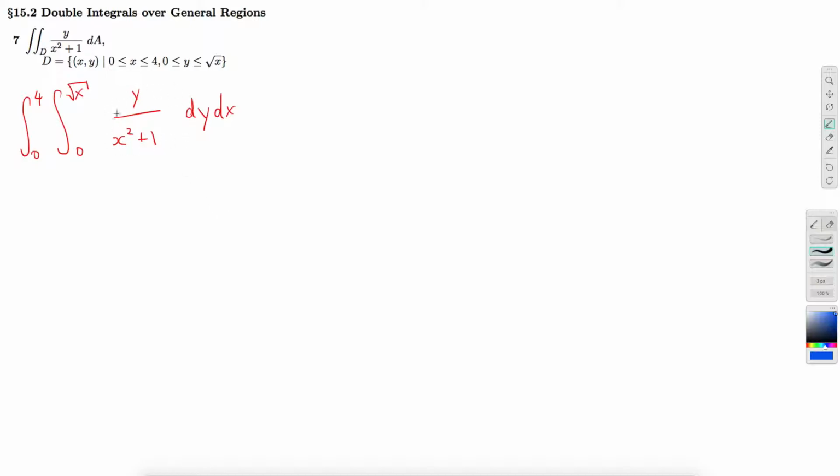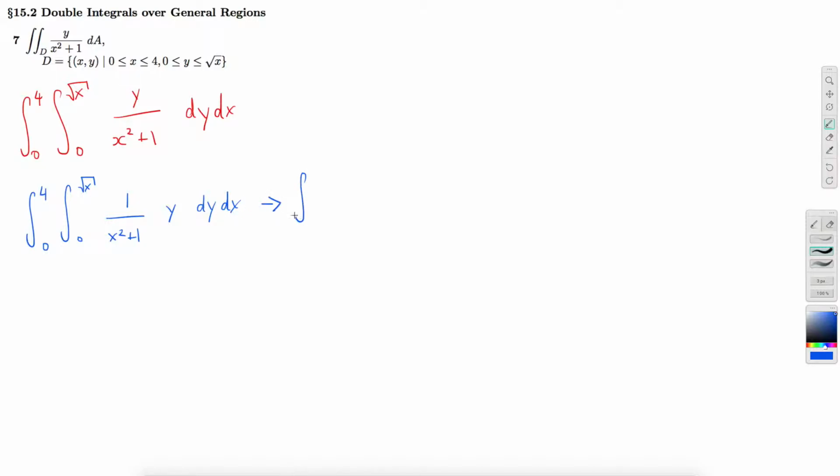How do we integrate this with respect to y? Well, it's quite easy, because this could be rewritten as 1 over x squared plus 1 with a y out here. Hence, this is just a constant.